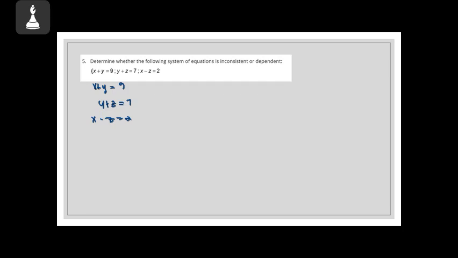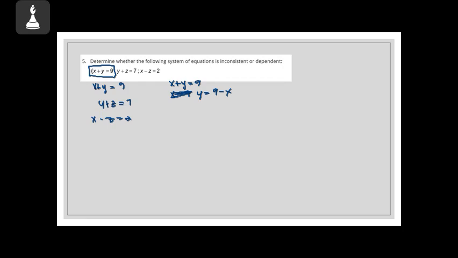I took this first equation, x plus y equals 9, and said that y equals 9 minus x. So in this equation, I could replace y with an expression in x so that I could get x and z and use my elimination from there.